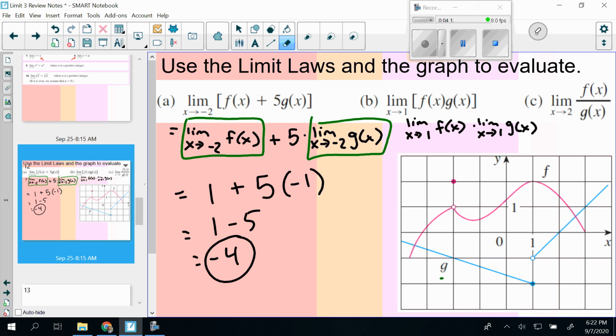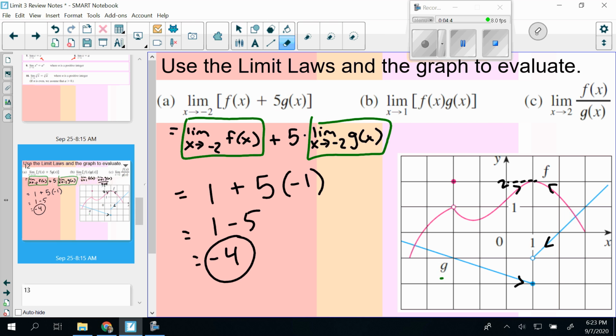Let's start with g as we approach 1. It looks like the values from the left and right are not matching up on this one. It does on f. As we approach 1 on f, it looks like we get that same y value of 2. And because this one does not exist, I can't technically use this to do it.